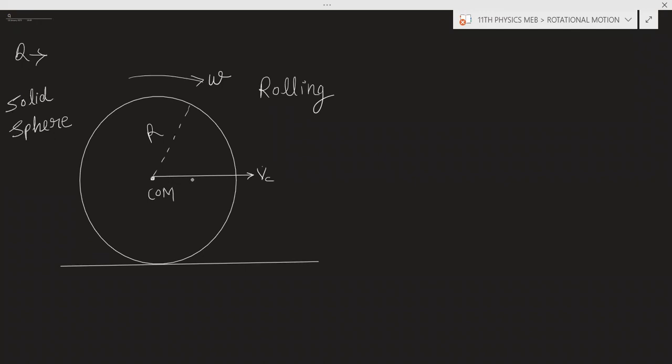This sphere has the mass of 2 kg given in the question, and this sphere has the radius 2 meter. Angular velocity with which the sphere is rotating is 3 radian per second, and velocity of center of mass of the sphere is 5 meter per second.